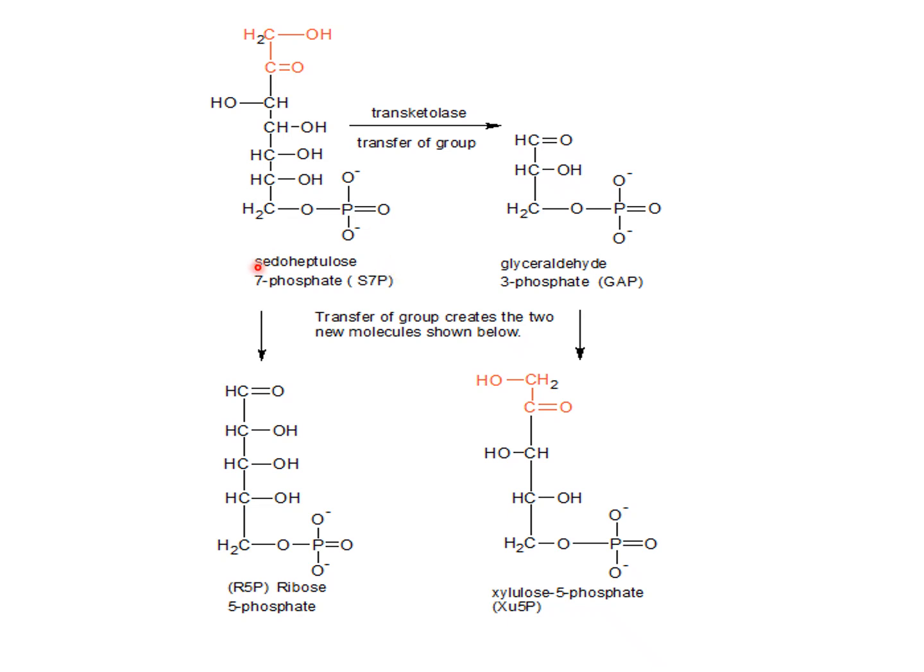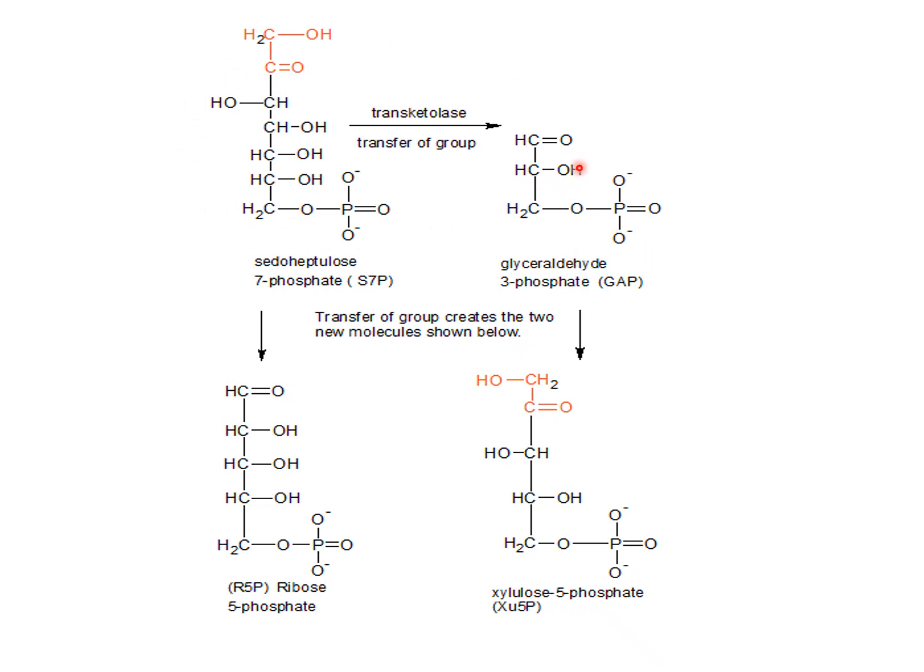Now sedoheptulose 7-phosphate, S7P, is then converted into ribose 5-phosphate and xylulose 5-phosphate. So how does this occur? One sedoheptulose combines with one more molecule of GAP, glyceraldehyde 3-phosphate, and again we have a 7 carbon compound, and then we have a 3 carbon glyceraldehyde 3-phosphate, total 10 carbon.